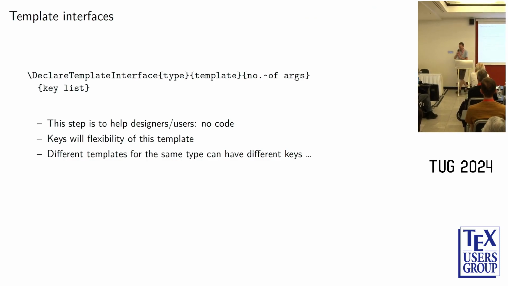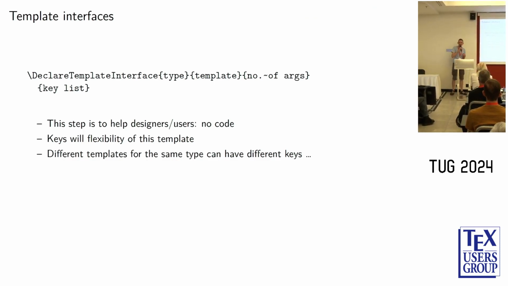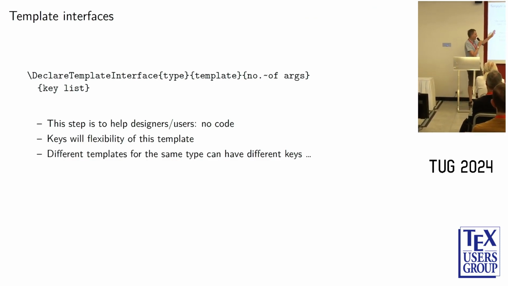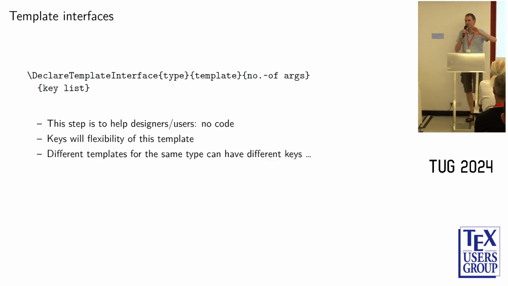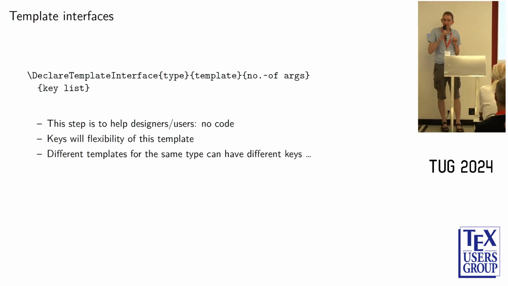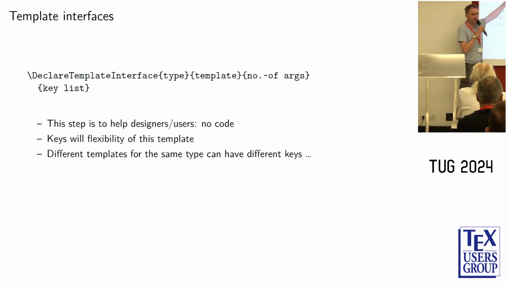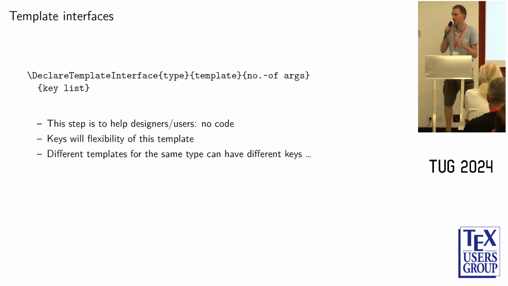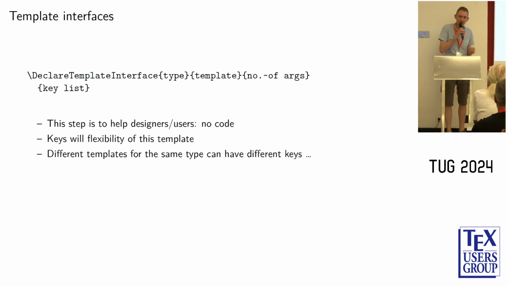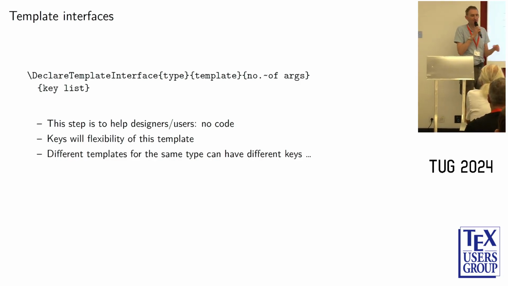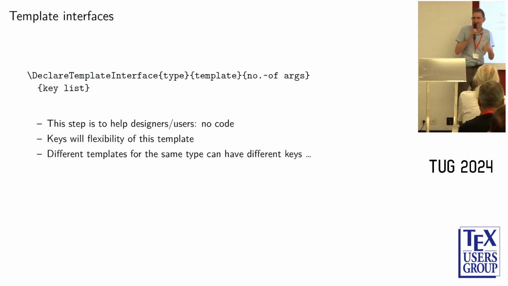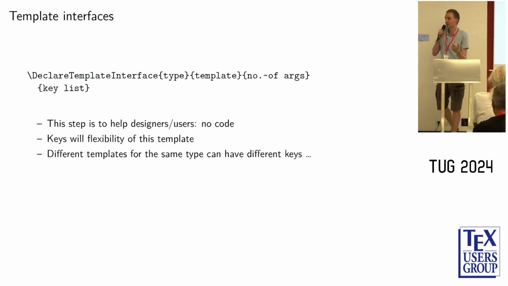So we declare this interface. It's not telling us anything about how we're going to do this, as I say. So the idea is you could give this little bit of blocks to someone who's not a hardcore LaTeX developer, and they should be able to work out what's going on, because this key list is going to be the name of the key and what type of value it takes.